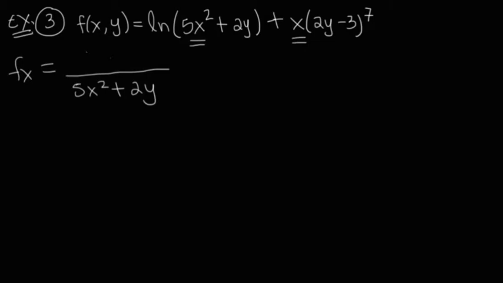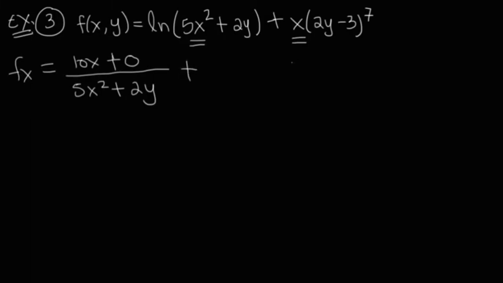And then at the top, you put the derivative of the inside of the function. So the derivative of the inside function is going to be 10x plus 0. You don't have to write the 0, but I'm writing it in case anybody wants to see it. The 2y was a constant not attached to any function with respect to x, so it becomes a 0.